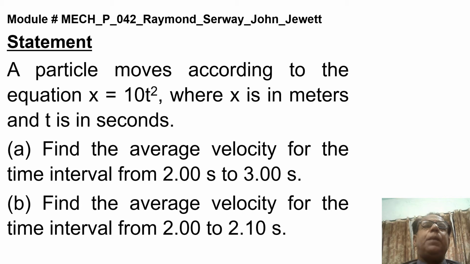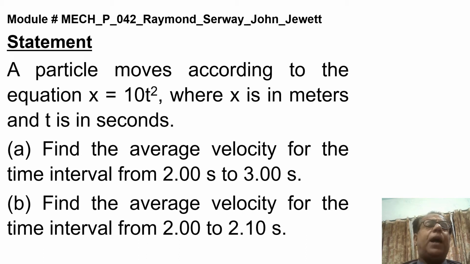Okay, a particle moves according to the equation x equal to 10t square, where x is in meters and t is in seconds. Part A: find the average velocity for the time interval from 2.00 second to 3.00 second.